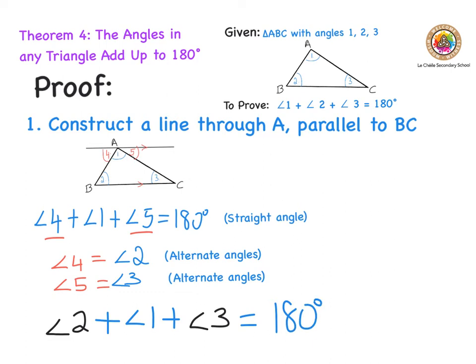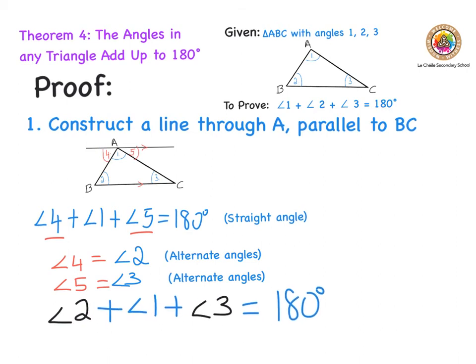We were asked to prove that angle 1 plus angle 2 plus angle 3 is equal to 180 degrees. And here, just rewriting them in order, I clearly have it. So here we can just say very quickly, angle 1 plus angle 2 plus angle 3 is equal to 180 degrees.